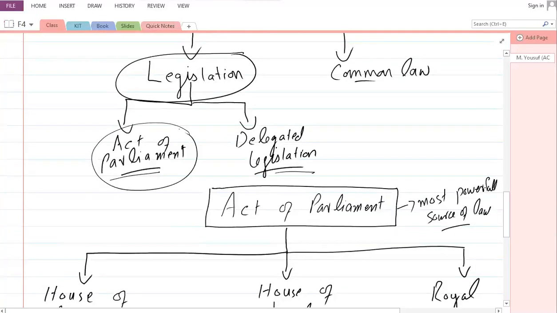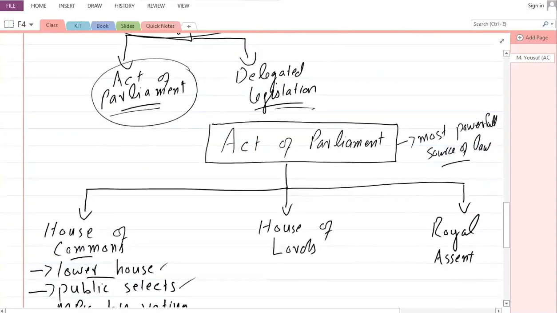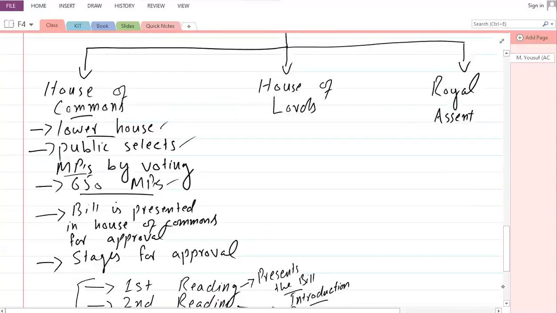First of all, we need to understand how acts of parliament are made. We know that a bill will be passed by the House of Commons first. If it is approved by the House of Commons, then this bill will be presented to the House of Lords.